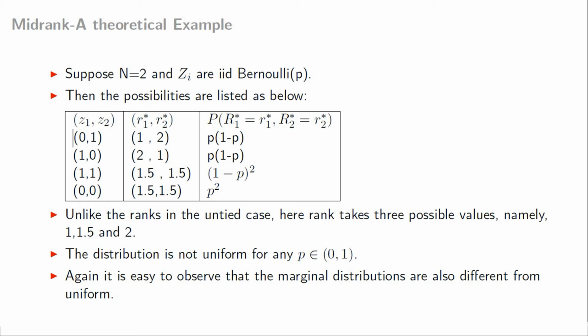In case of untied observations, or observations from some continuous distribution, we have seen that rank takes the values 1 and 2, but here we have some extra number in the list of ranks, and again the distribution is not uniform for any p belonging to (0, 1). Again, it is easy to observe that the marginal distributions are also different from uniform.